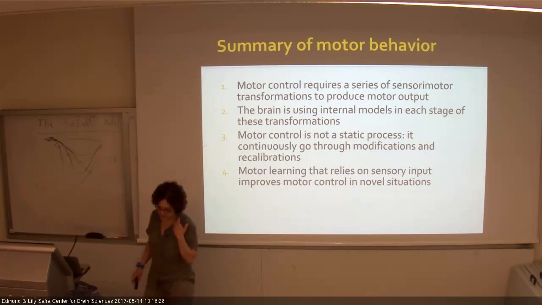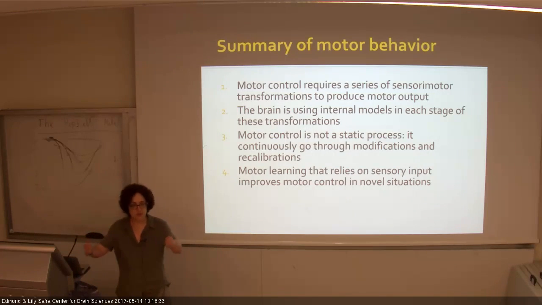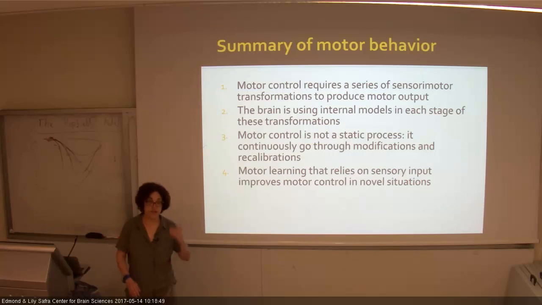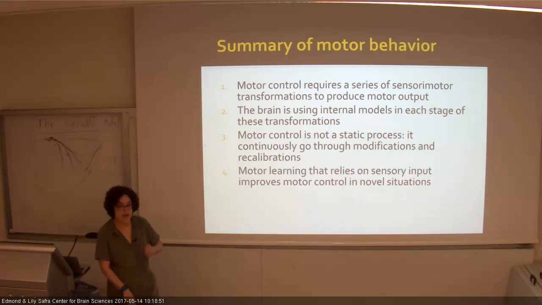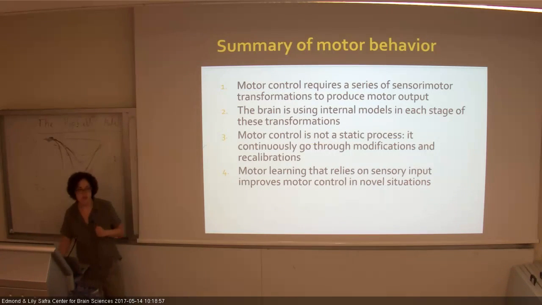Even trying to learn new maps without proprioception is probably possible, right? But it will take a very long time. And the fact that we continuously sense our environment, both via proprioception and via visual feedback, makes this adaptation much faster.